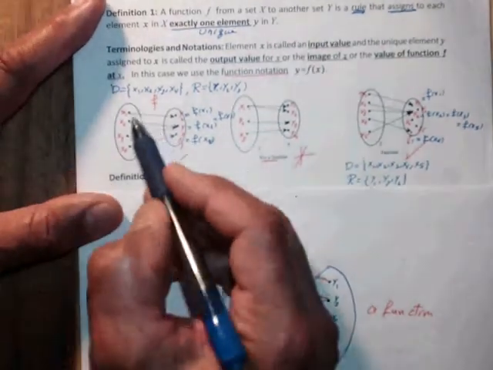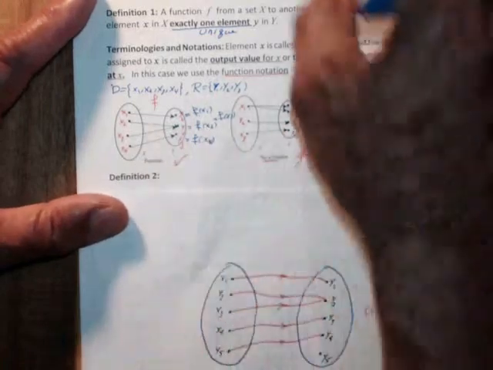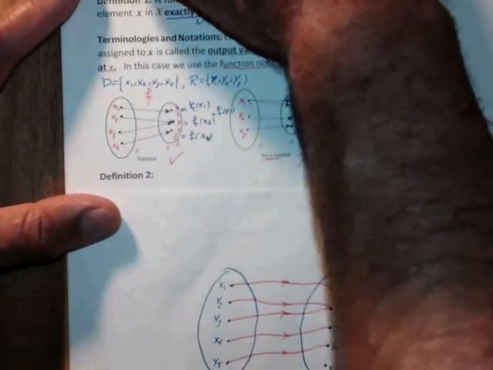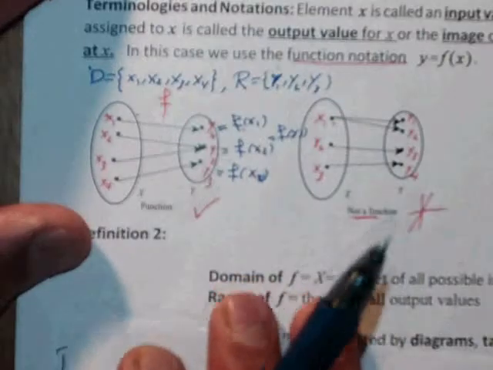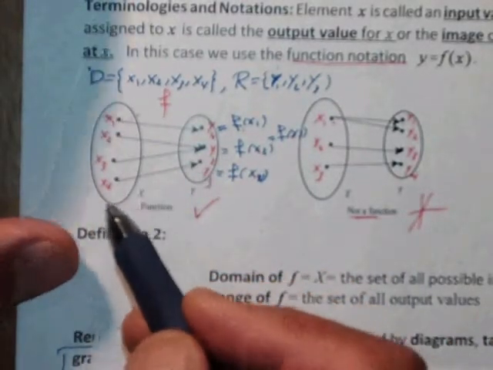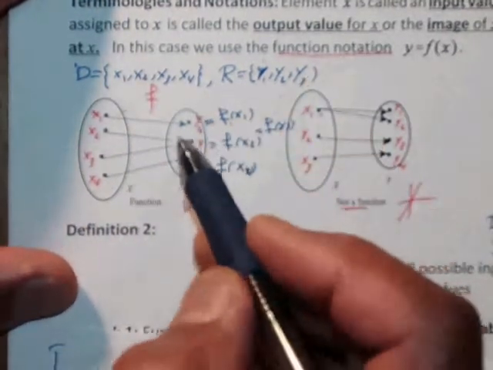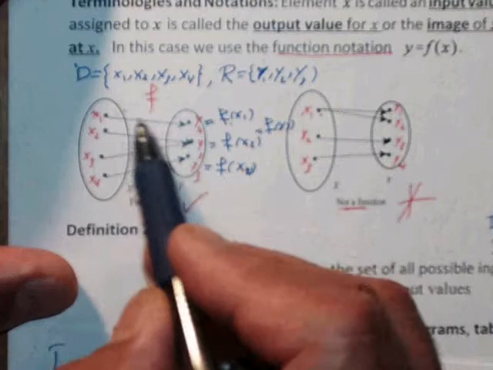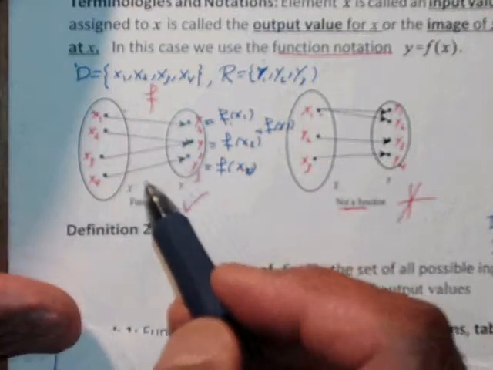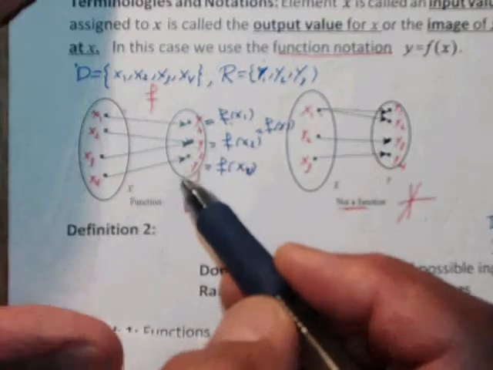You see, I have elements x1 through x4 in my set x, and elements y1 through y3 in set y, and function f is defined by these arrows. So this is a function because all these assignments are unique.